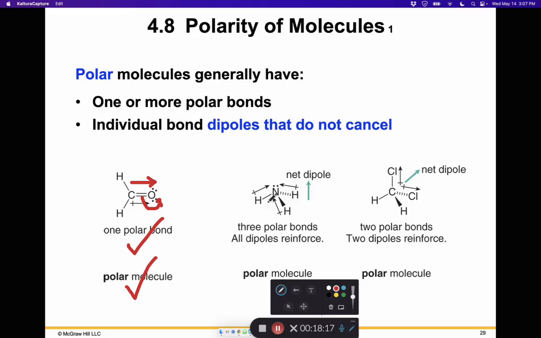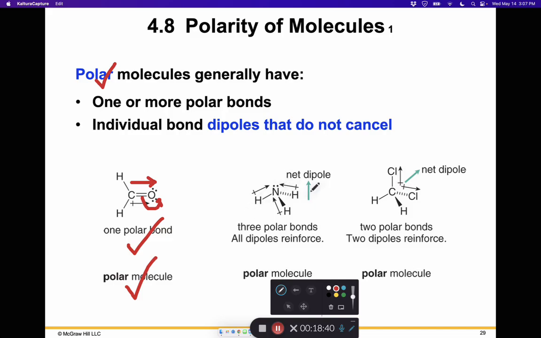Now, if we have multiple polar bonds and they are not cancelling, then we get a polar molecule. For example, here the ammonia molecule. If you see, each bond is polar, nitrogen has electronegativity 3.0, hydrogen is 2.1, so the difference is 0.9 here.